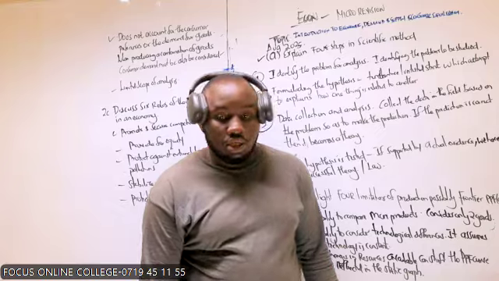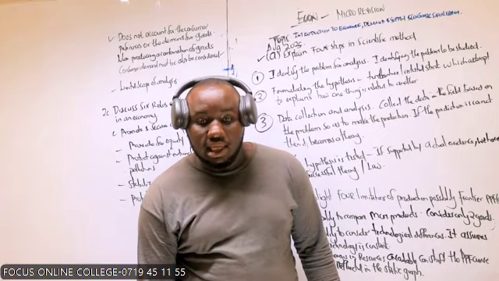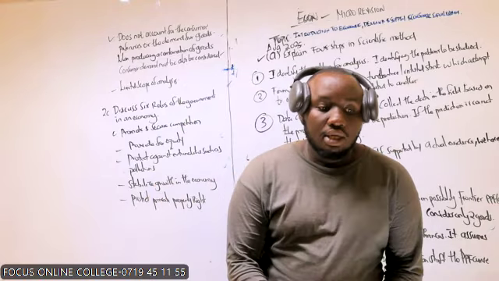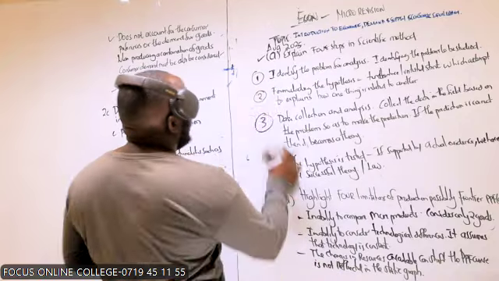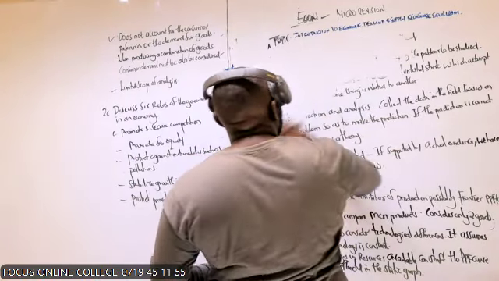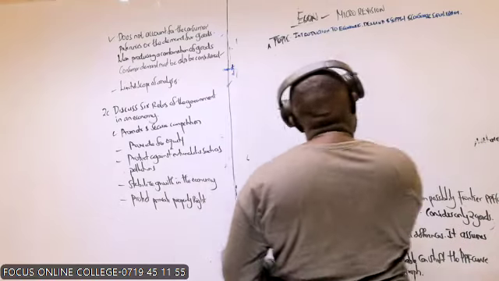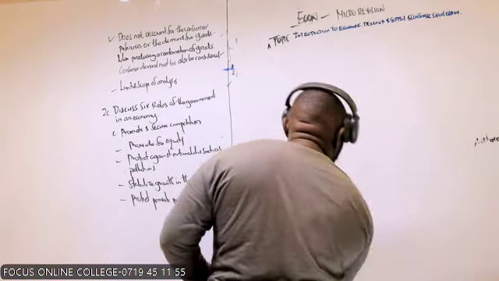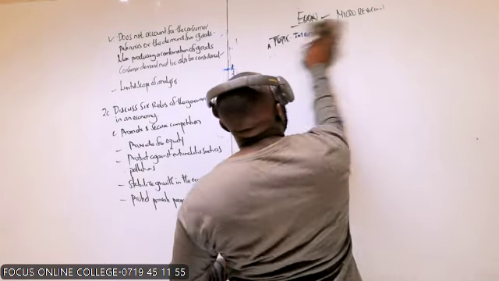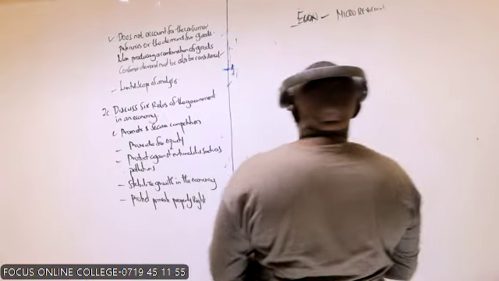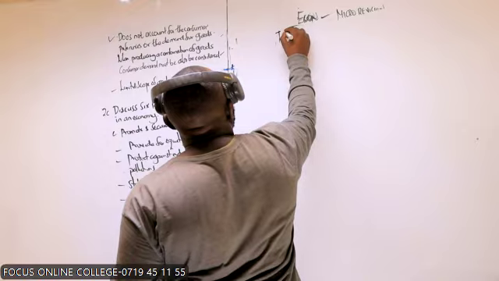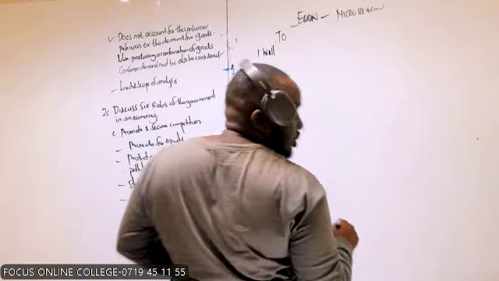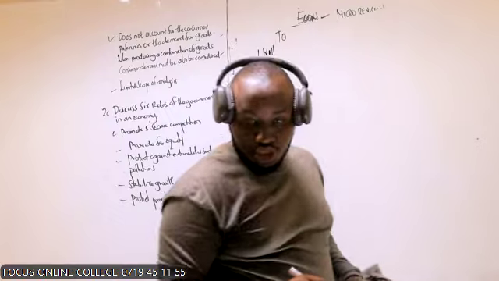Thank you so much. So then we have something on a well-labeled diagram: illustrate price ceiling for goods and services. With a well-labeled diagram, that is question 2, question 2D.